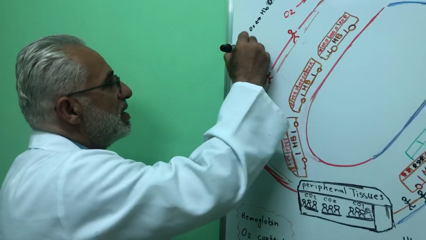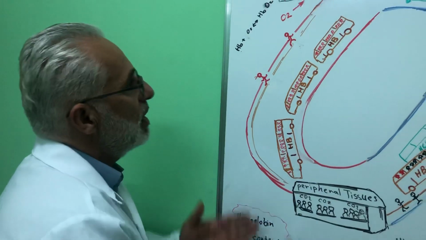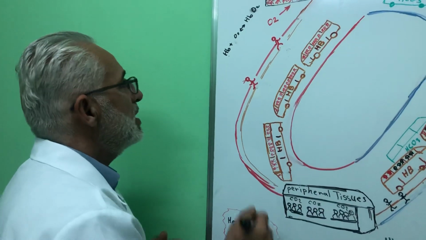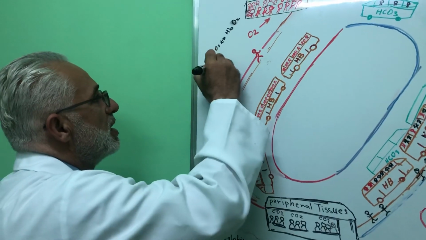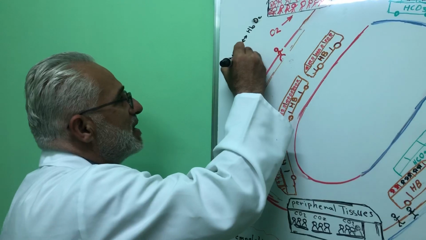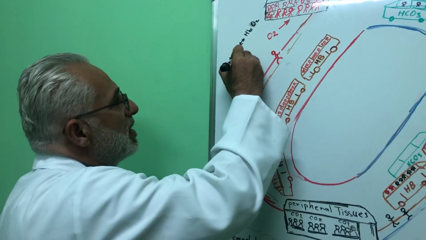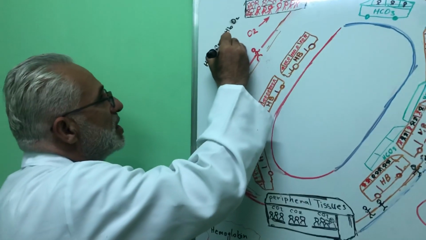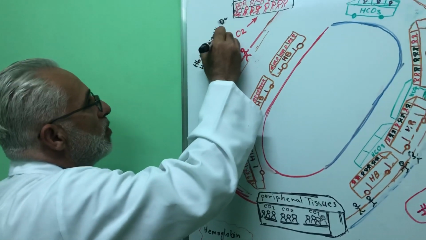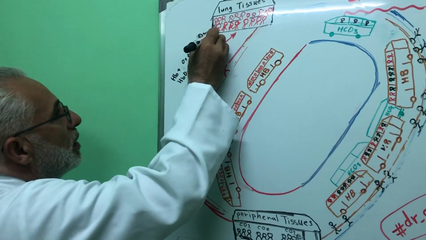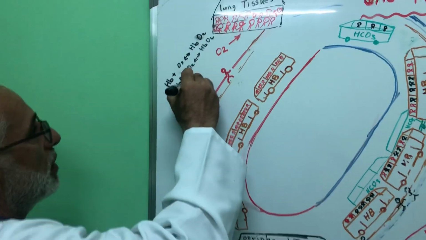This is a reversible reaction, as we will see, because the hemoglobin will unload its content of oxygen. So when the affinity is increased, this will encourage the hemoglobin to bind more and more O2, and so on.